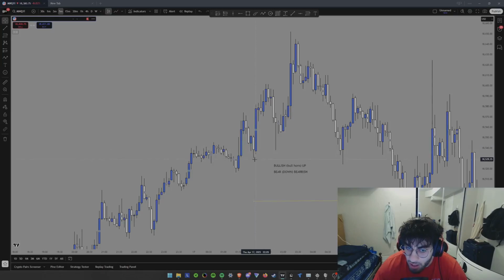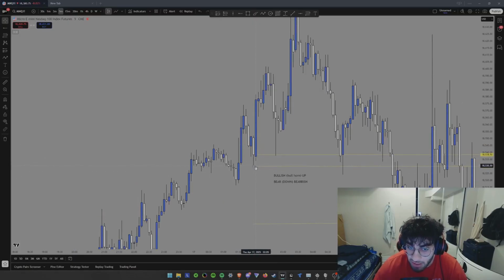However, prices traveled within this area right here, from the price level of, if you look at the right hand side of the screen, I'll mark it out, 18,538, and has touched down to 18,530.25 within this time frame of 5 minutes, because we're on the 5-minute time frame, as you can see here. However, just because it went down here does not mean that it closed down here. It closed over here. Okay.